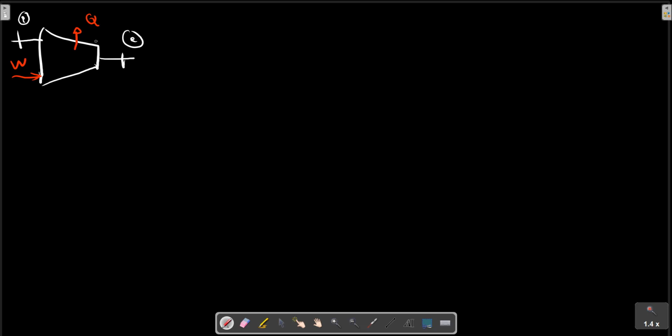The rate of flow into and out of the compressor is constant, with constant properties at point i and also constant properties at point e.